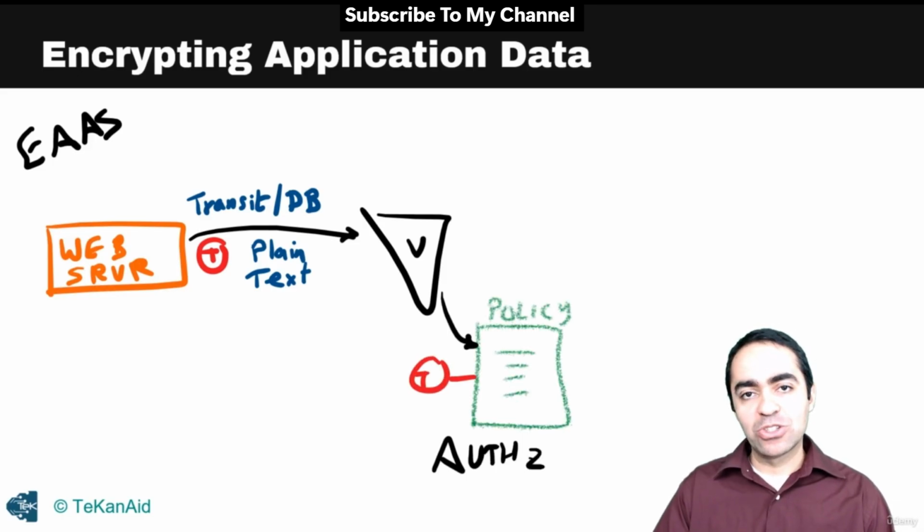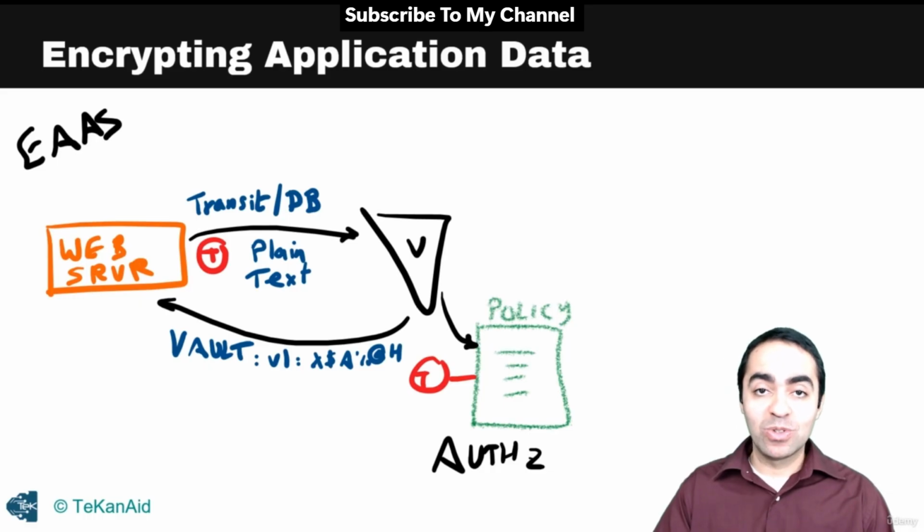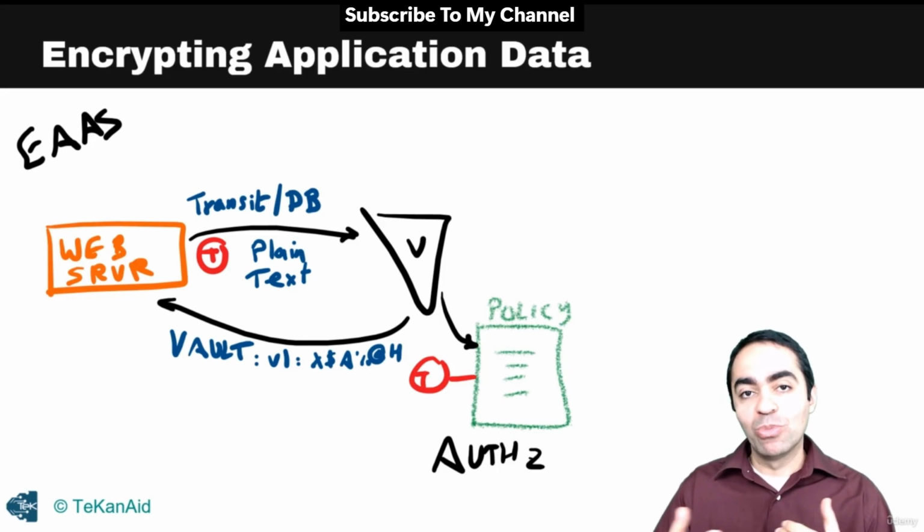Vault checks that token's policy to make sure that this web server is allowed to access that particular path. Vault's going to respond back with encrypted data, so that plain text is now encrypted. It's ciphertext. As you can see here, it starts with vault:v1, which is the first version of that secret using the first iteration of the key, and some blob of text.